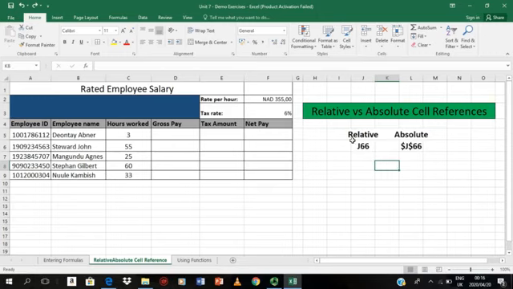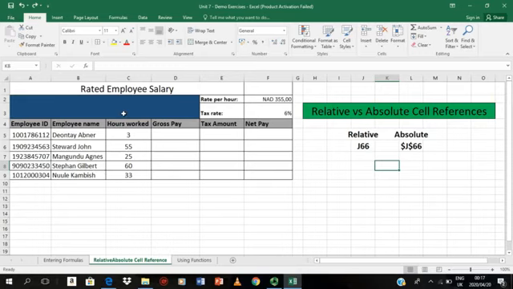Secondly, the difference between relative and absolute cell addressing is that when you use relative cell addressing in a formula and you copy the formula to other cells, the cell address is going to change. Whereas when you use an absolute cell address, the cell address is going to remain the same throughout, therefore representing a constant value.